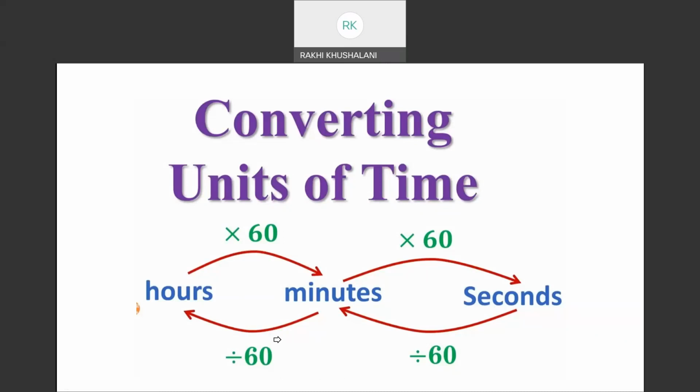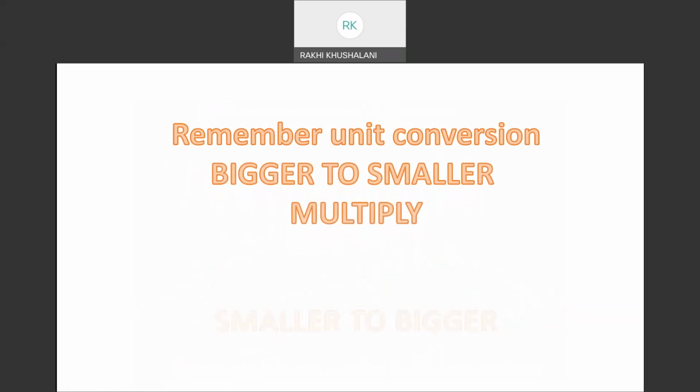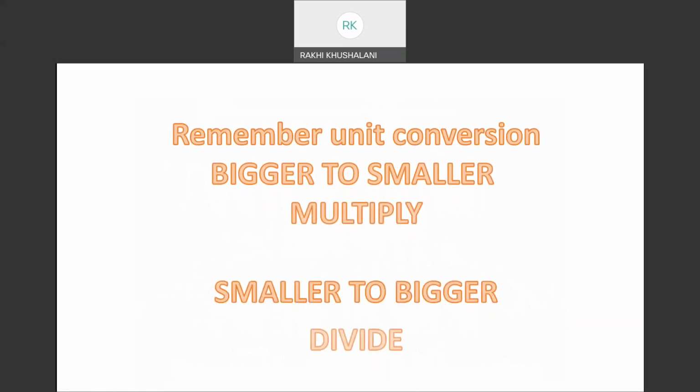From minutes to hours, divide by 60. Because the conversion rate between them is 60. So remember the unit conversion: bigger to smaller, I multiply. Smaller to bigger, I divide.